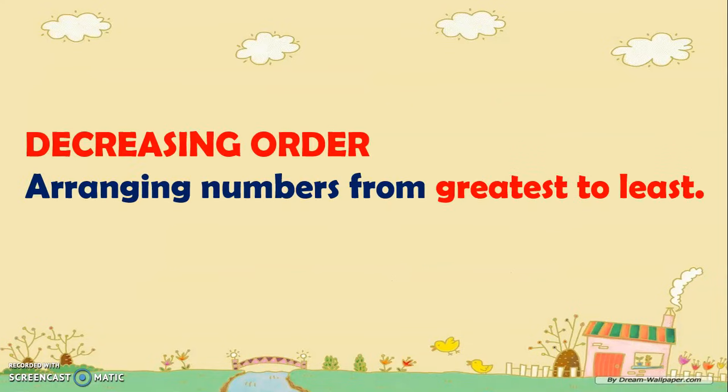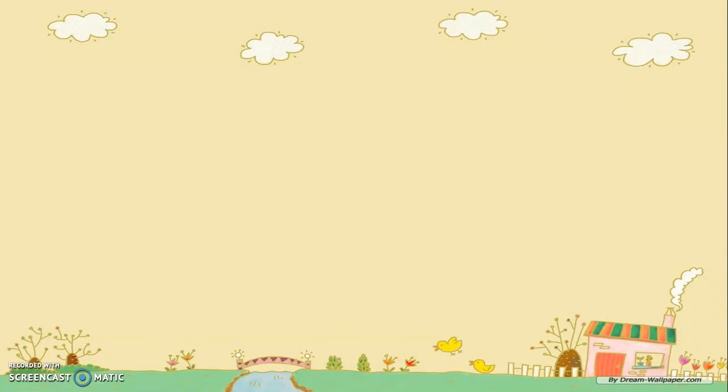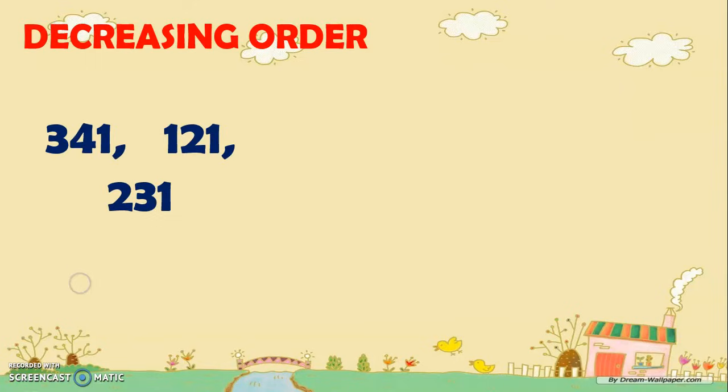Now, remember, grade 2, that the decreasing order of numbers is arranging numbers from greatest to least, or from the biggest to the smallest one. And now, let's arrange 341, 121, and 231.